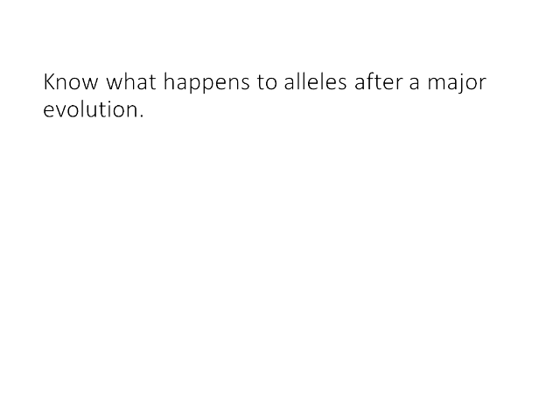Know what happens to alleles after a major evolution. So, example like dinosaurs, dead. I'm pretty sure now, right? Where do you go with that? Yeah, I agree. But dinosaurs have died. So what happens is an asteroid hits the ground, things happen, environmental changes occurred. It was the environment that killed most of them.